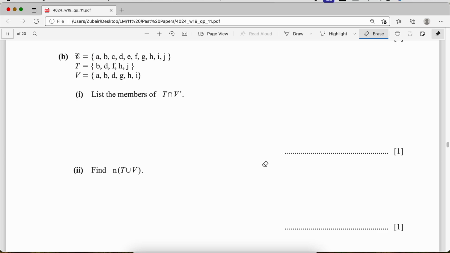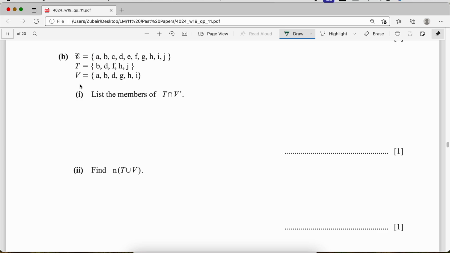B part, universal set is given, T is given, V is given. List the members of T intersection V complement.